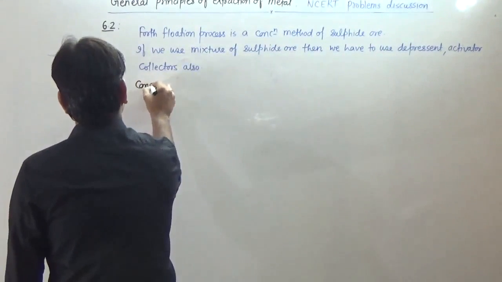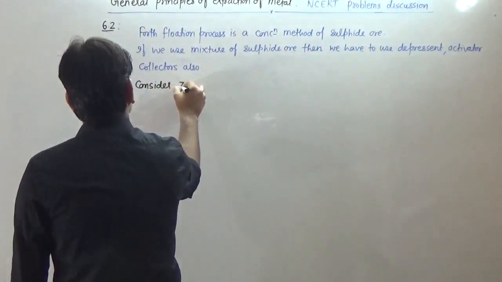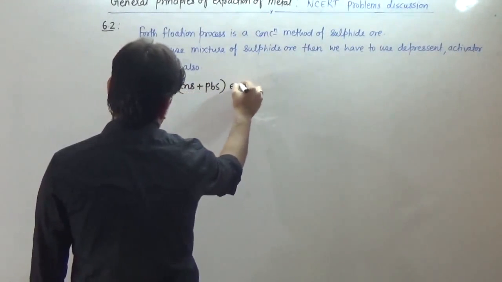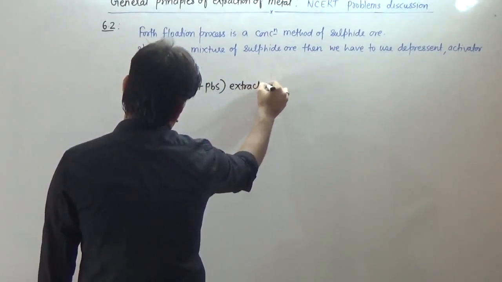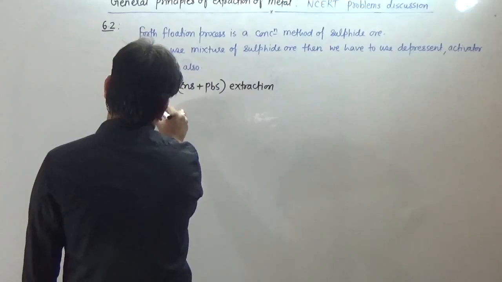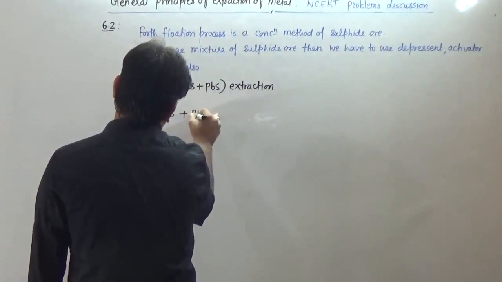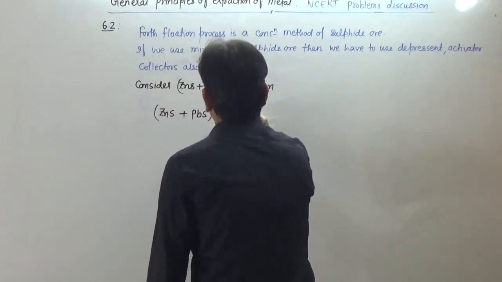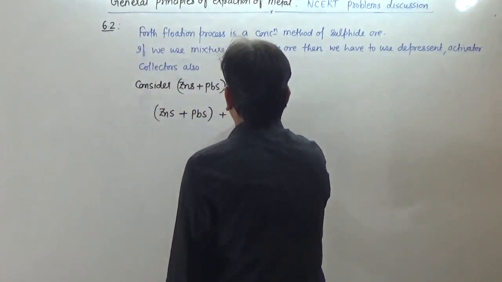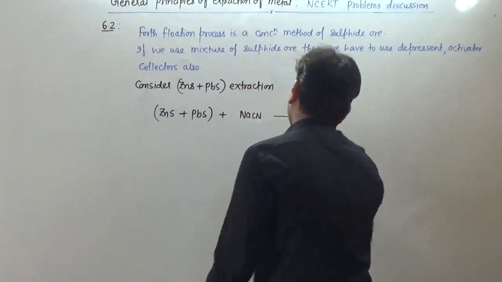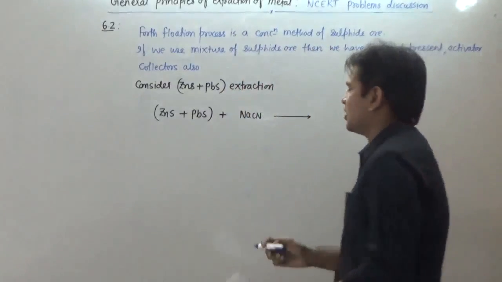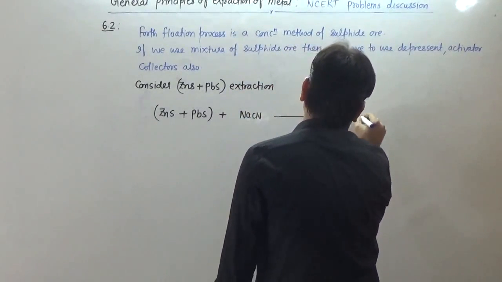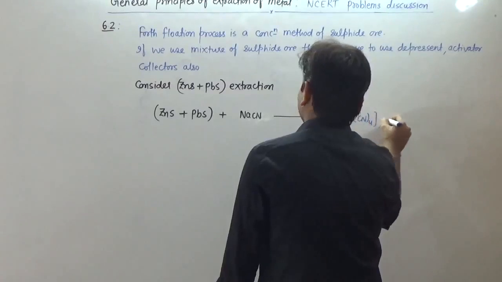Consider, for example, ZnS plus PbS extraction. If we have ZnS plus PbS, first of all it is reacted with, suppose, NaCN. NaCN will dissolve ZnS and form Na2[Zn(CN)4] and Na2S.